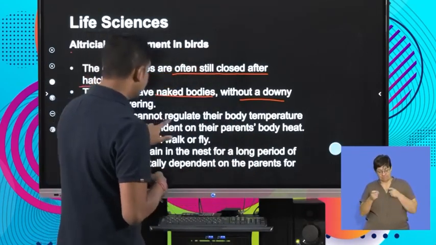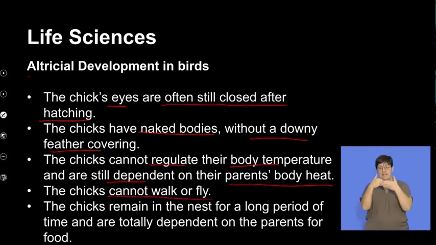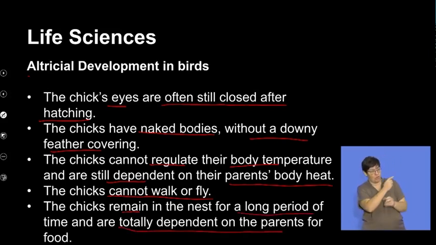The chicks cannot regulate their body temperature and are still dependent on their parents' body heat. The chicks cannot walk very far or even fly, and so they are bound to that nest during the initial few days or weeks after development. And so the chicks remain in their nest for a long period of time and are totally dependent on their parents for food.